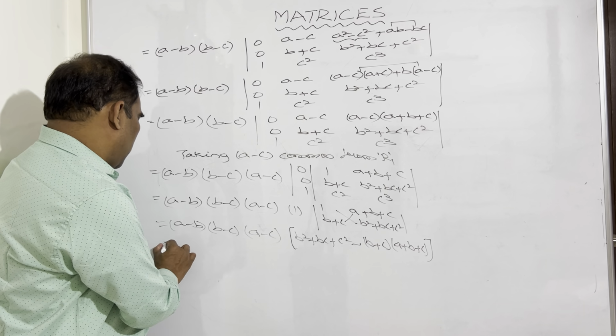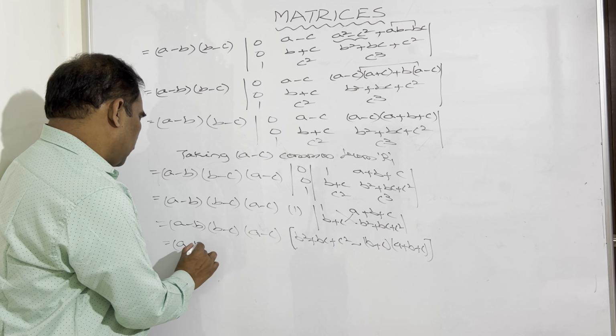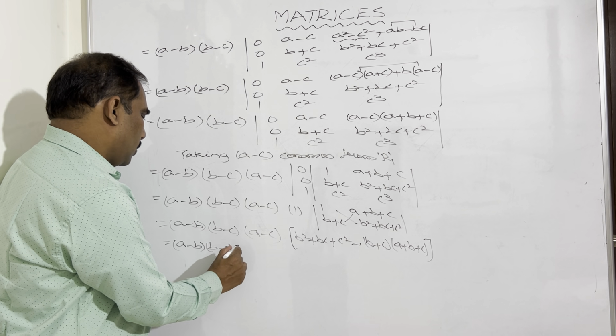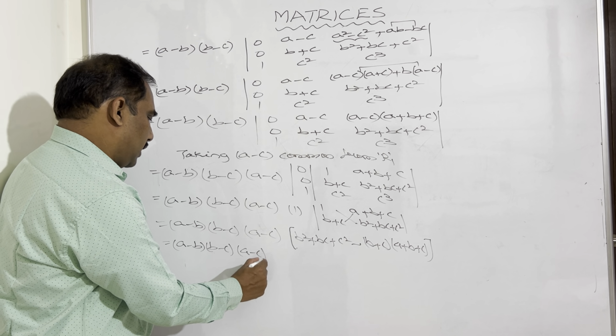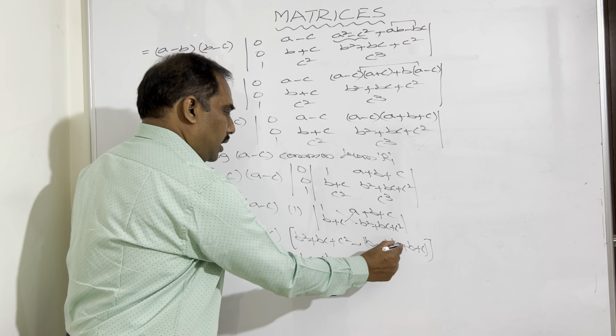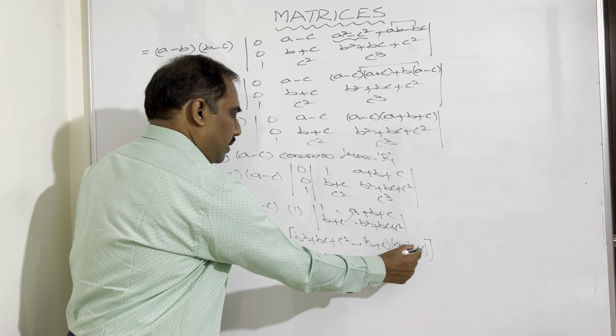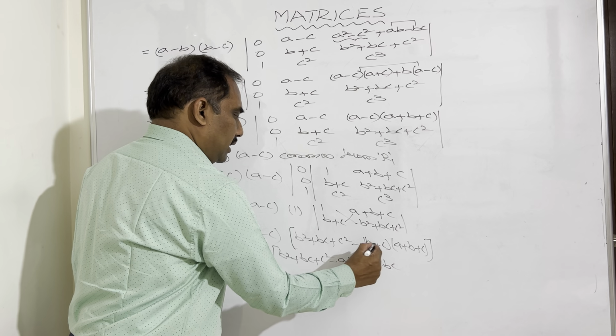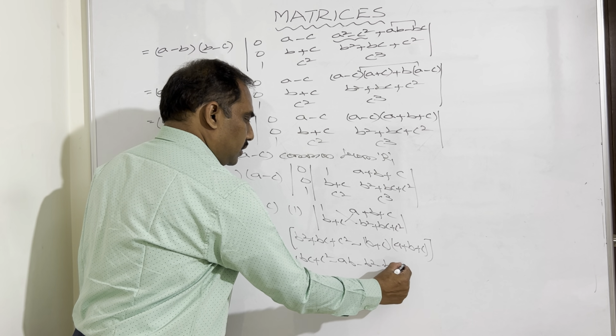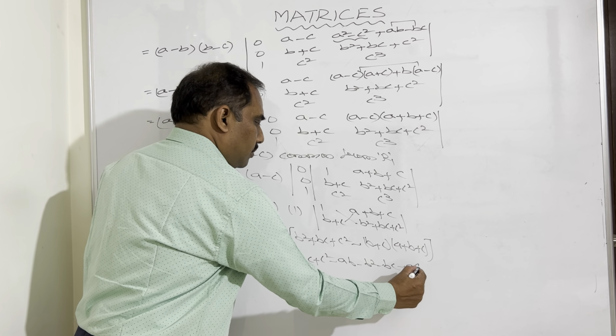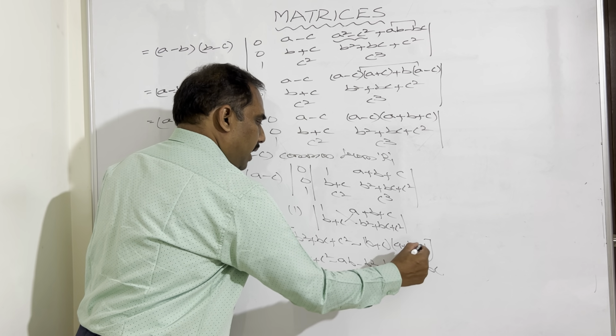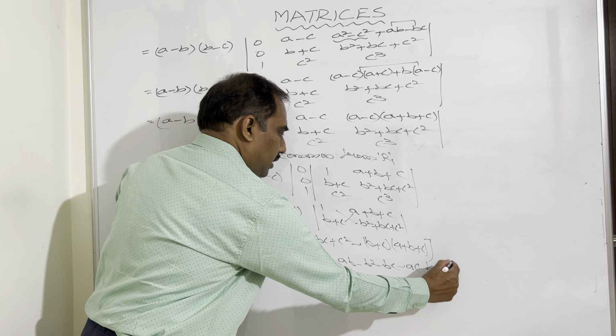Then finally what we get is equal to a minus b into b minus c into a minus c, and when you multiply, here b square plus bc plus c square as it is, and when you multiply with minus b, this is minus ab and minus b square, and here minus bc, and multiplying with minus c, minus ac and minus bc, and here minus c square.